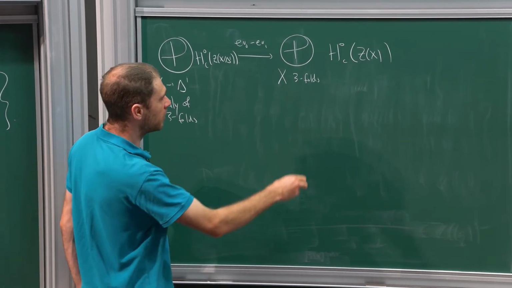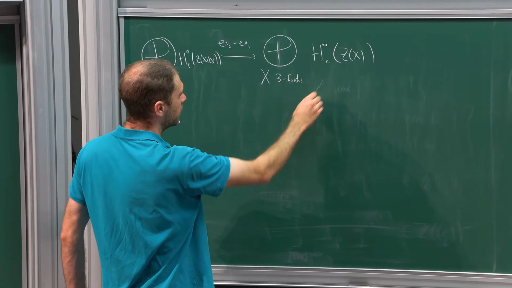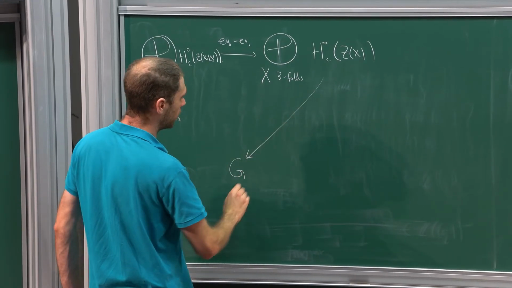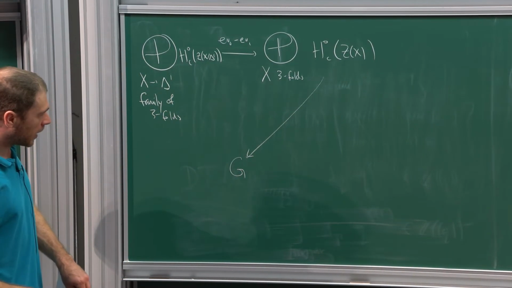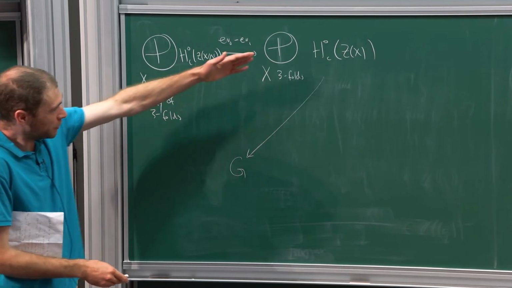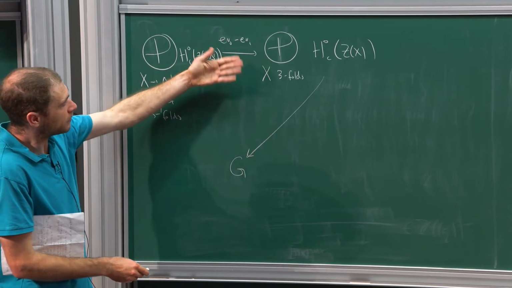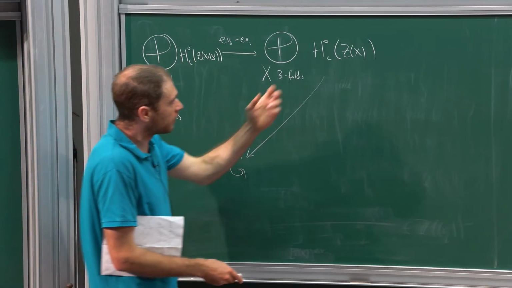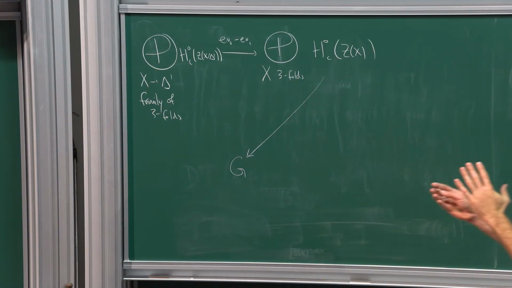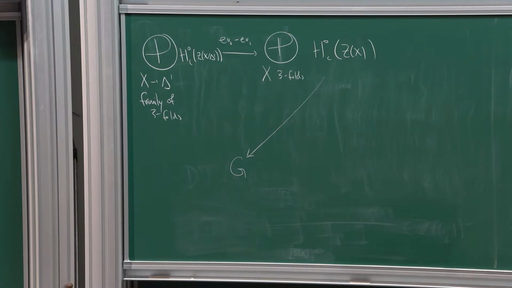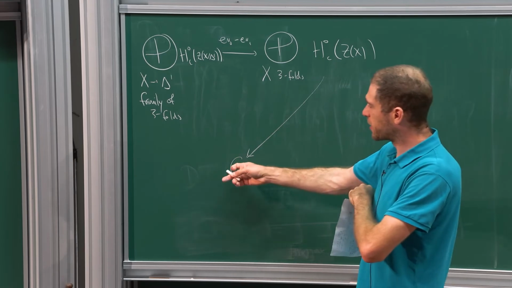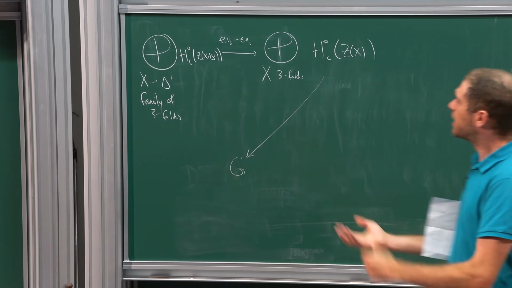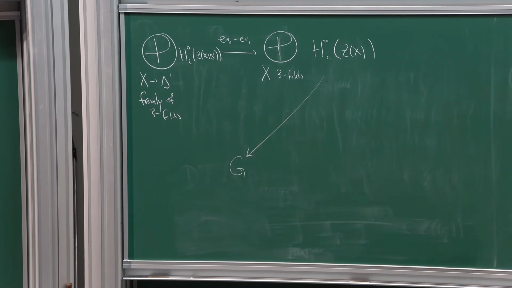Now imagine I have a homomorphism out of this group to some target G. Well, that is an enumerative theory of curves, right? Because it tells me for every compact connected component of the space of one cycles, it gives me an element of my group, so the count of the curves in those classes.